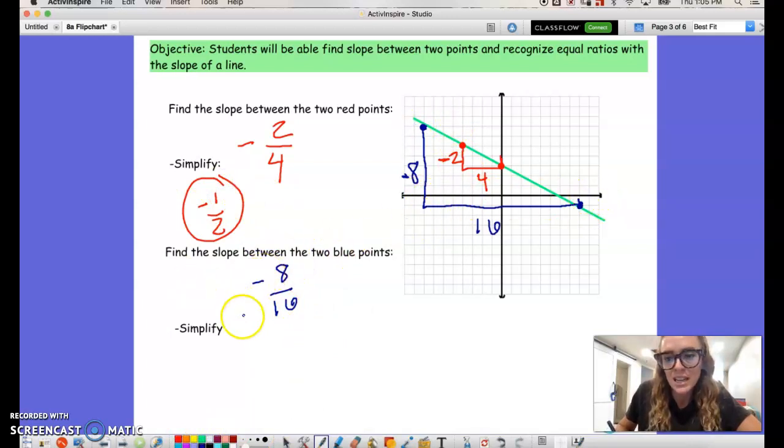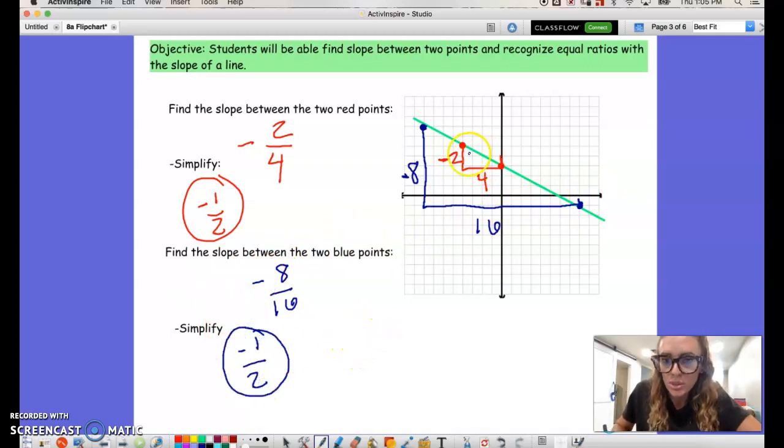So that represents -8/16, which is also -1/2. So if we were going to represent the sides of these triangles in an equivalent ratio, we would say that we have -2 over 4 is equal to -8 over 16 is equal to -1 over 2.